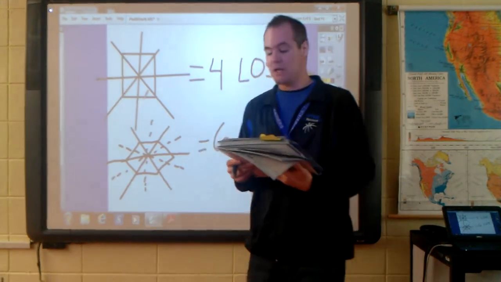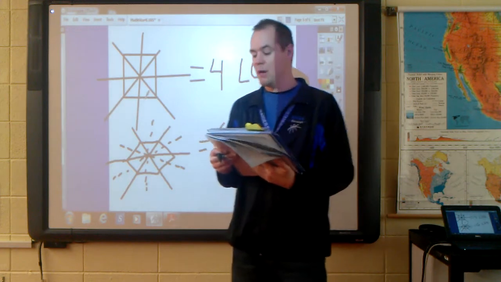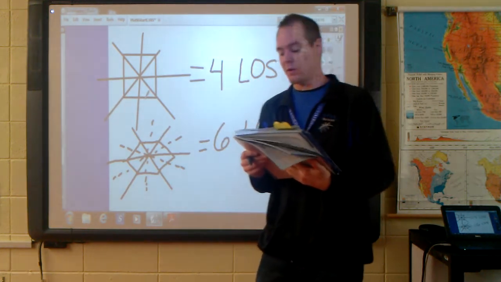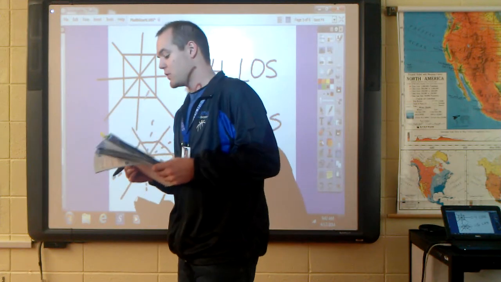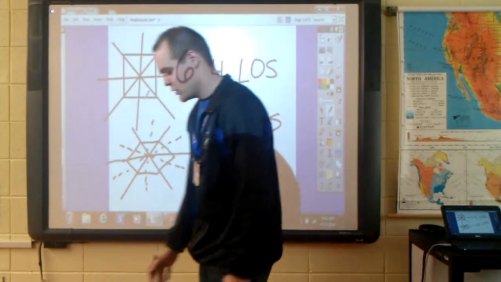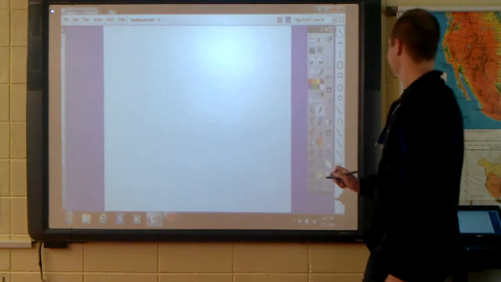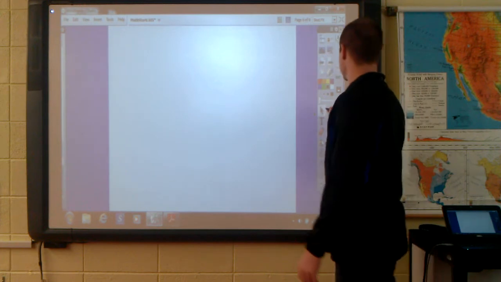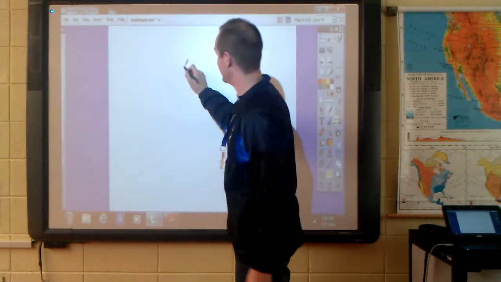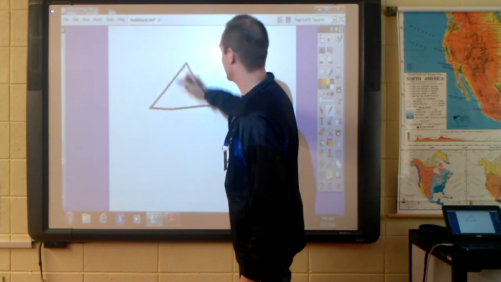A figure has rotational symmetry if it regains its original orientation more than once during a full turn. For example, if we rotate an equilateral triangle 1/3 of a turn, the triangle appears in its original orientation. All right. So I'm going to do my best to draw a perfect equilateral triangle.